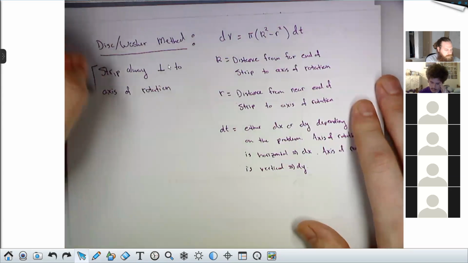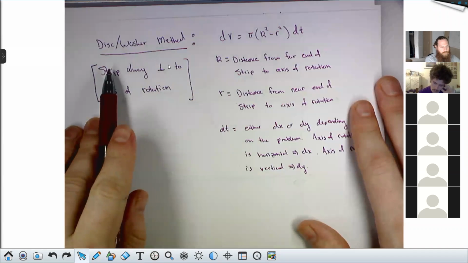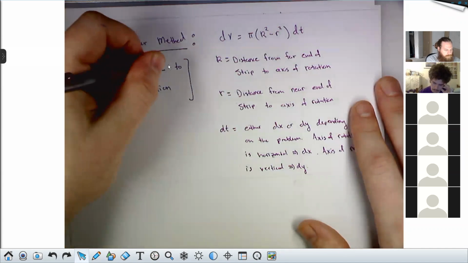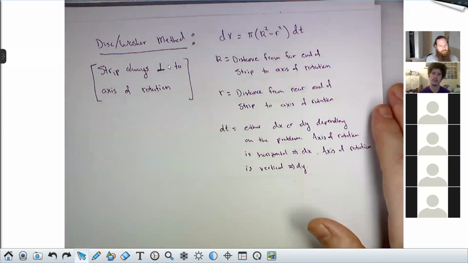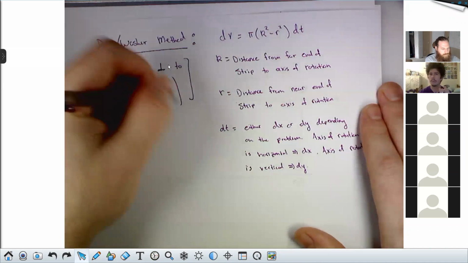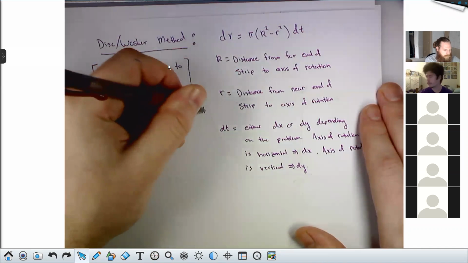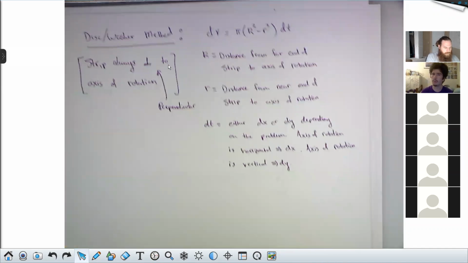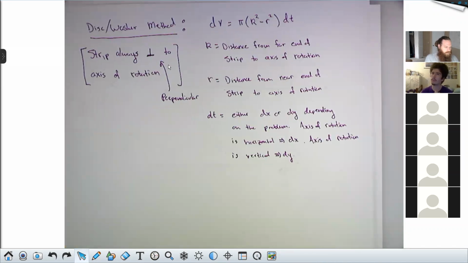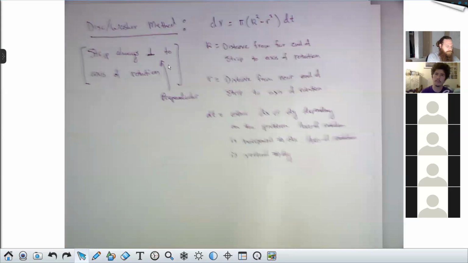That's really what makes the disk washer method the disk washer method, is that you start by drawing your strip perpendicular, this symbol means perpendicular, to the axis of rotation. Otherwise it just becomes a cylinder without top and bottom. And we're going to have a method for that. That's called the cylindrical shells method. So what makes the disk washer method separate from the cylindrical shells method is whether you draw your strip perpendicular to the axis of rotation or parallel.